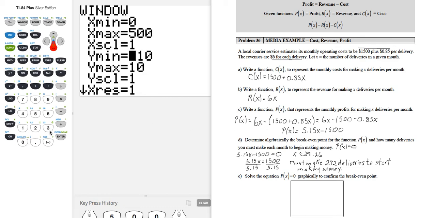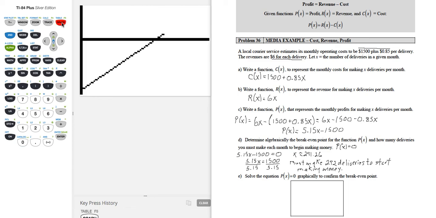So I want to be able to see that on the graph, so I'm going to start at negative 1,600. I want to give myself enough room to see a larger profit view, so I'm going to let my y max go up to 1,000. Now I'm going to press graph so that I can make sure that I have a good view. So there's my profit function.